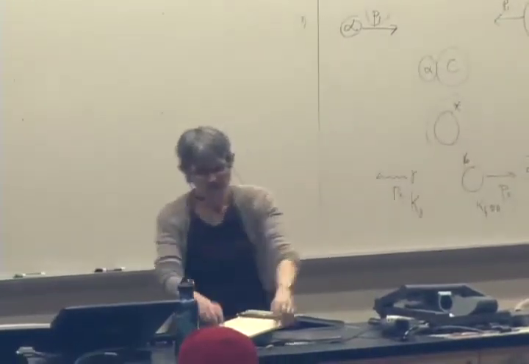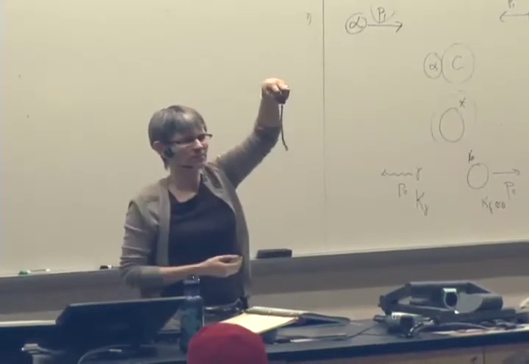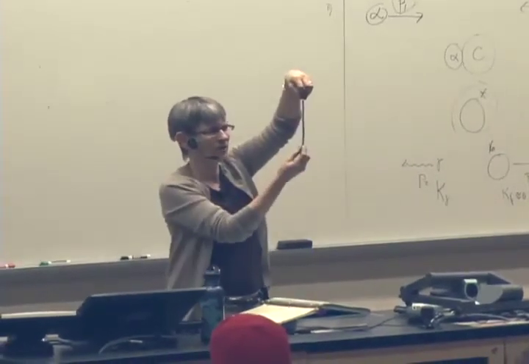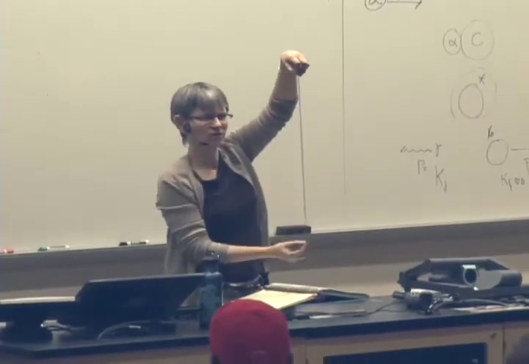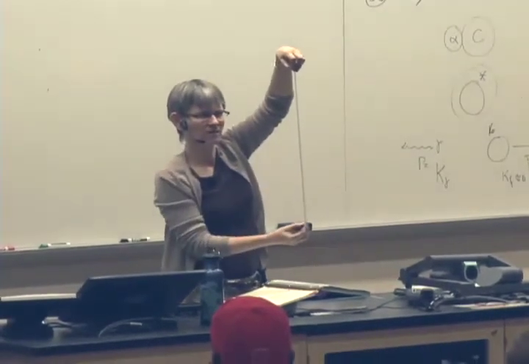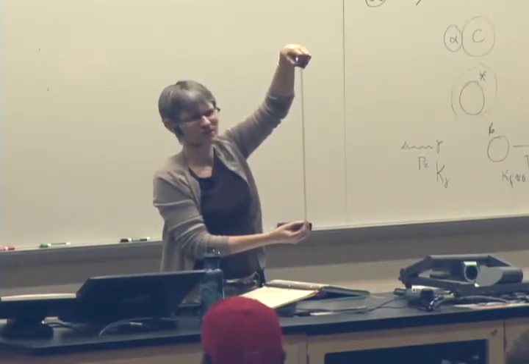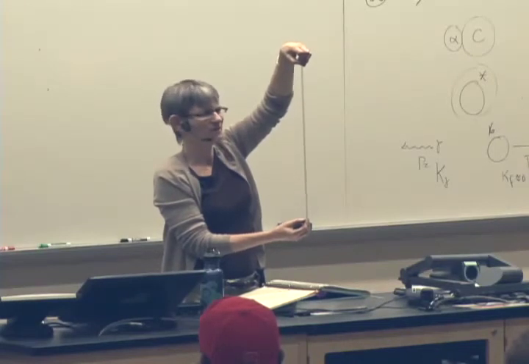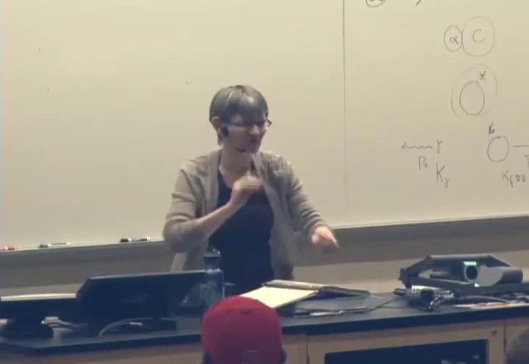So think about a spring. It's got a relaxed length. If I do work on it by stretching it, I put energy into the system. Where'd it go? Did the kinetic energy of the spring increase? Yeah, there must be some potential energy stored in the spring. So let's see if we can figure out what it is.